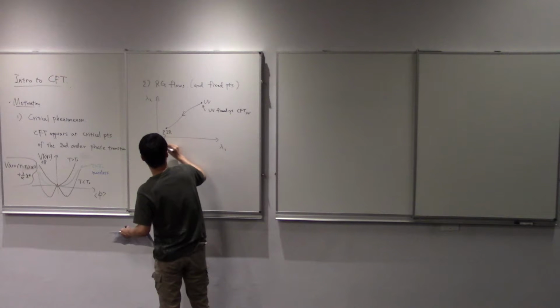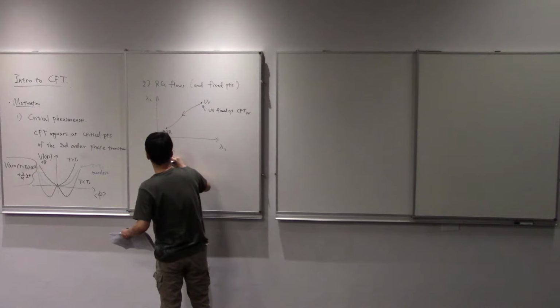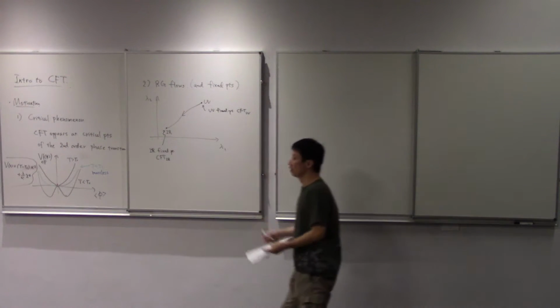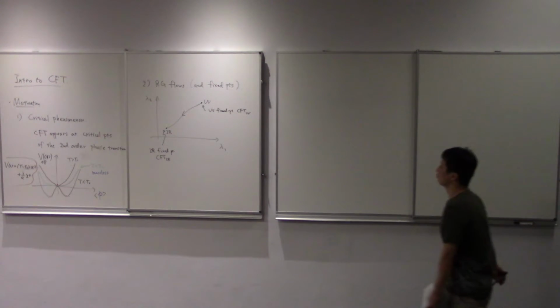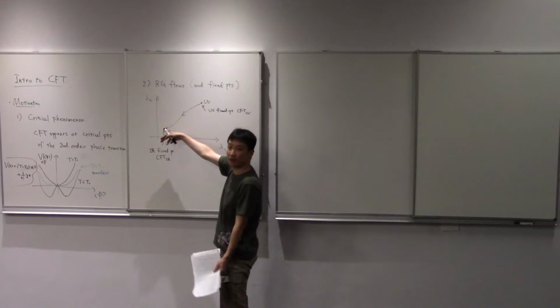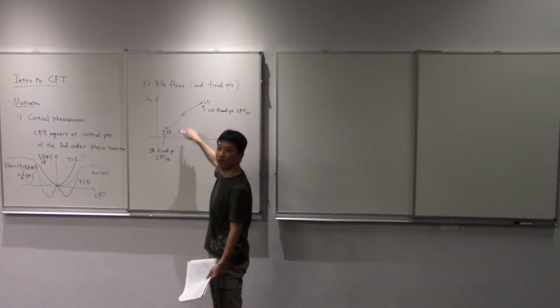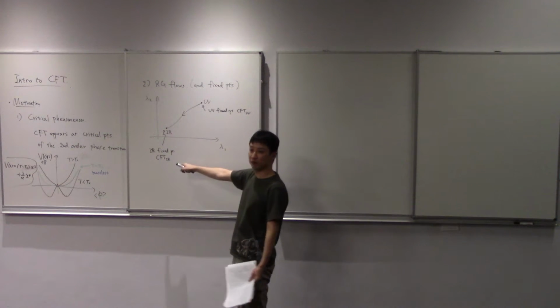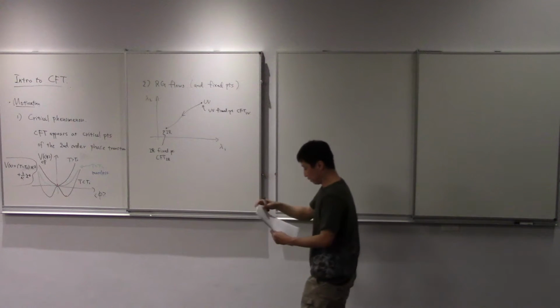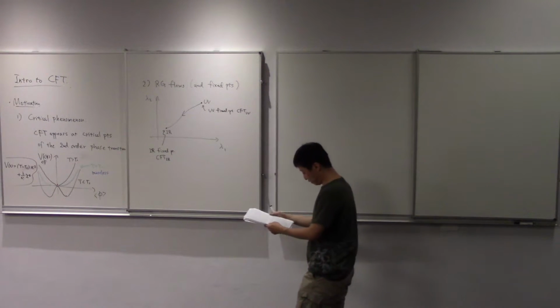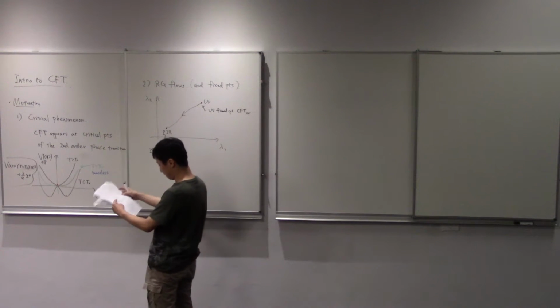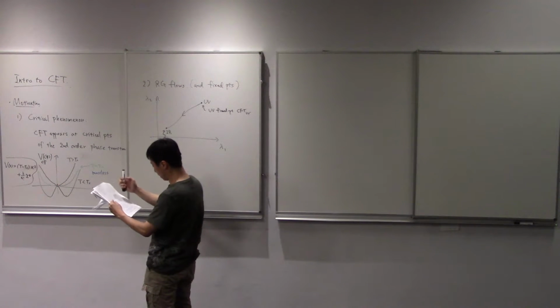And then you have another fixed point, the IR fixed point, and you have a conformal field theory in the IR. So as you analyze the quantum field theory from UV to IR, this is what you will see. At these endpoints you've got conformal field theory.